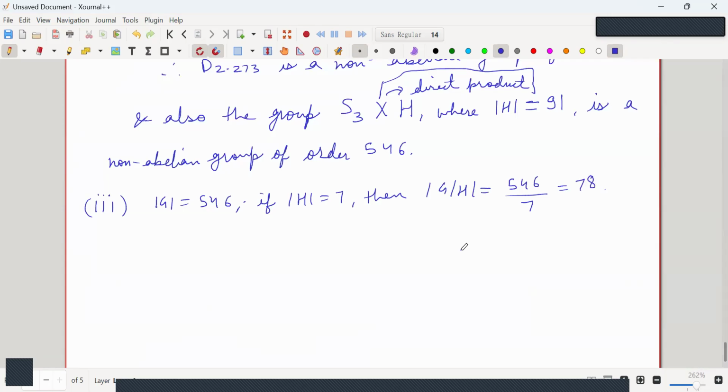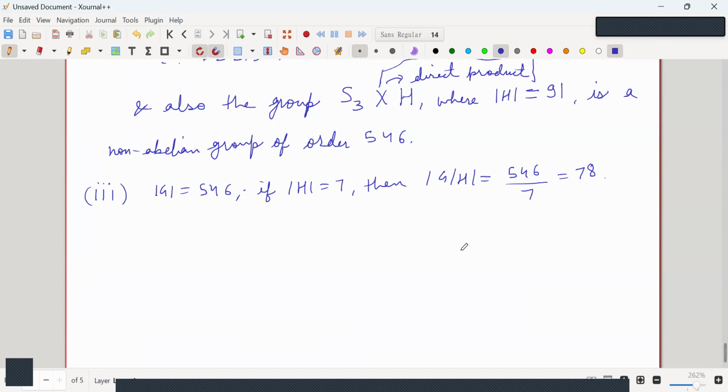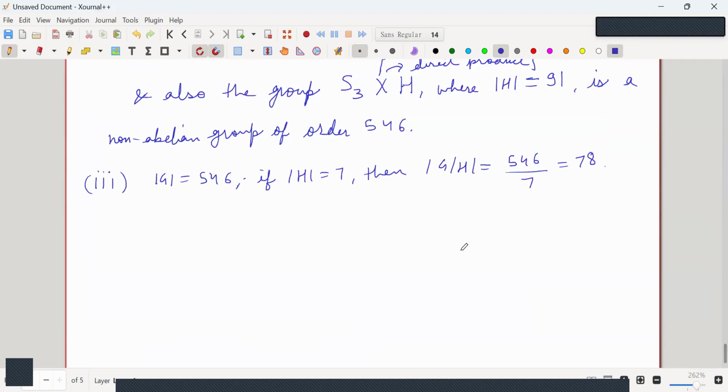Can a group of order 78 contain an order 7 element? No, sir. No, right? Since 7 does not divide 78, therefore G by H cannot have an element of order 7.